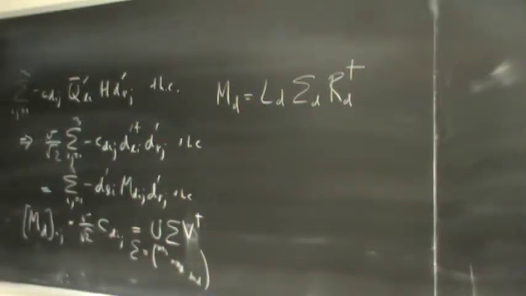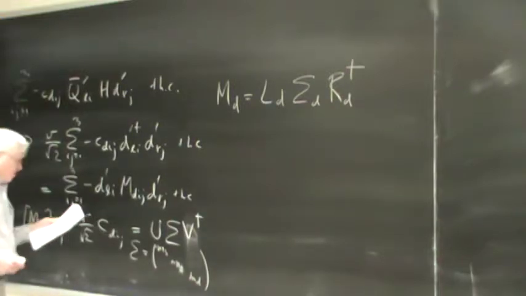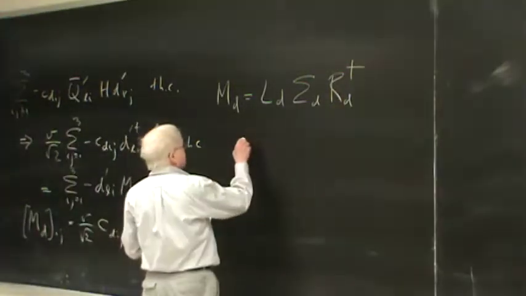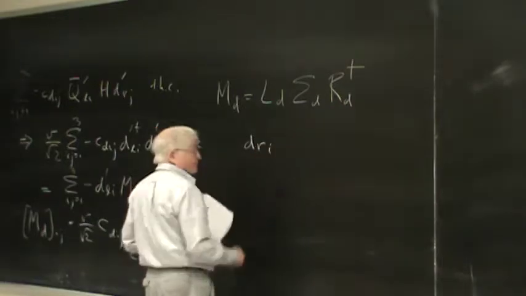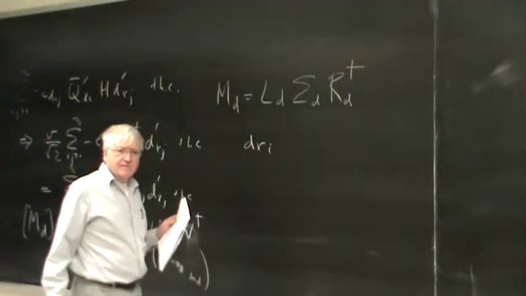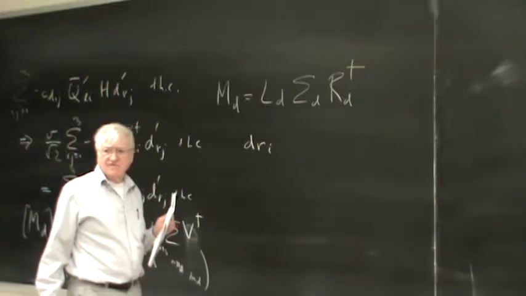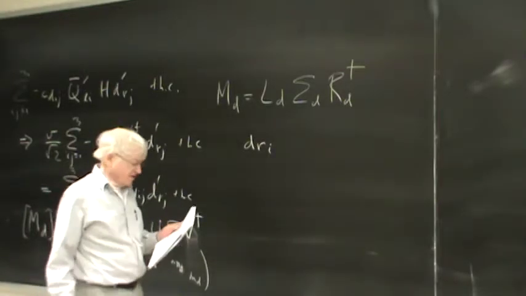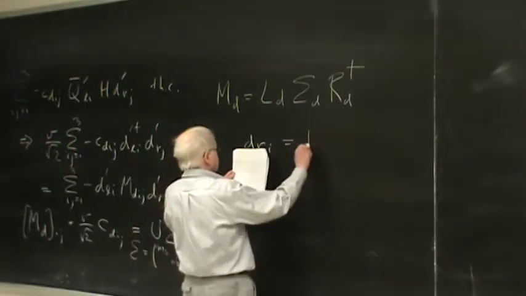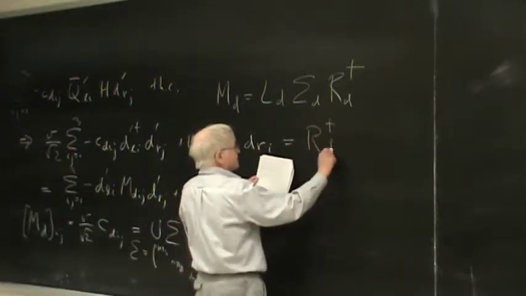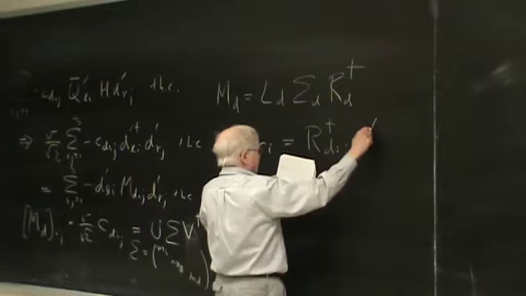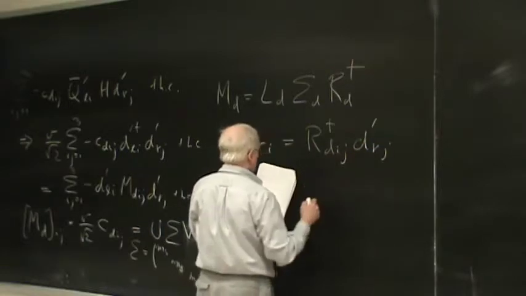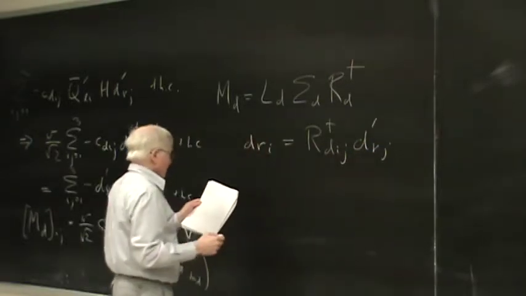And so what we can say then is that the right-handed mass fields, or mass eigenfields, are this. They are R dagger_D ij, flavor right-handed j, and so forth.